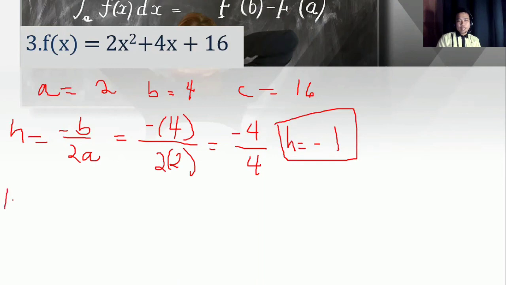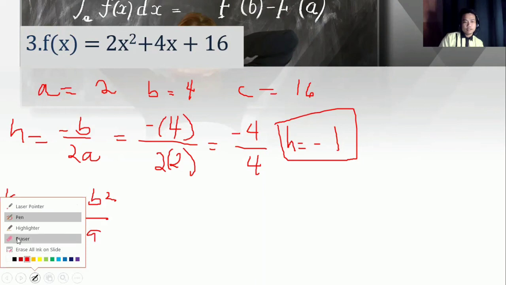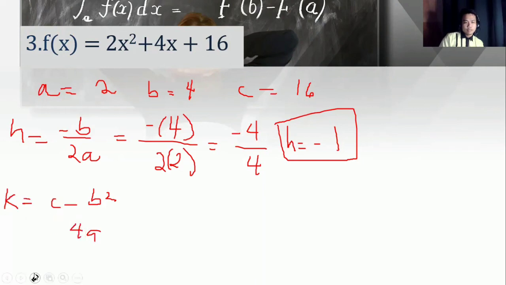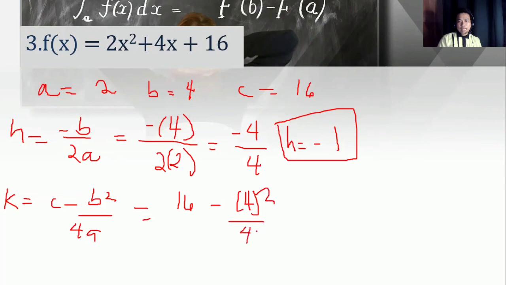Then the formula for the value of k is c minus b squared all over 4a. So the value of c is 16 minus b squared, 4 squared, all over 4 times 2.